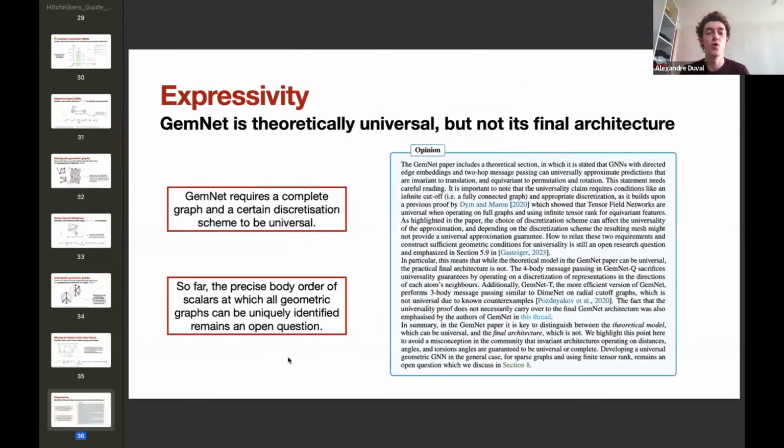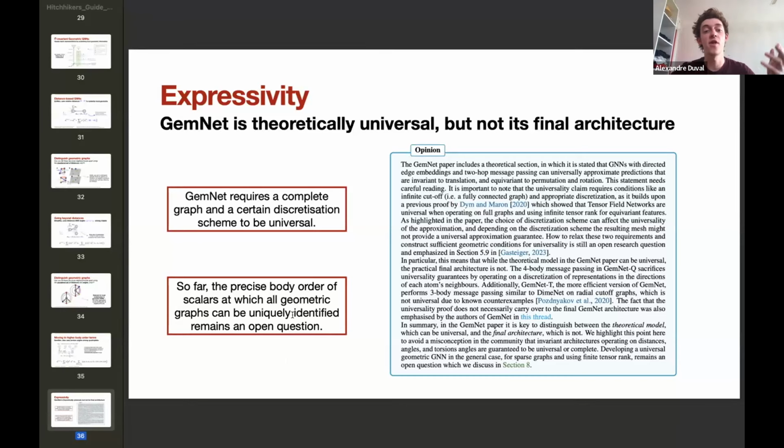So GemNet is a super cool method. It achieved a wonderful performance on a variety of tasks. And we just want to clarify here a common misconception in the field, meaning that GemNet is often seen as a universal architecture. And it is in theory, meaning that in the paper, it formulates that with a complete graph and a certain discretization scheme, you could represent any invariant function, meaning that you could assign a different label to any distinct graph.